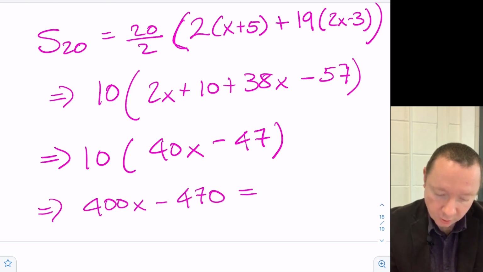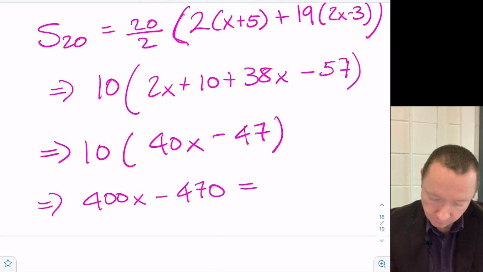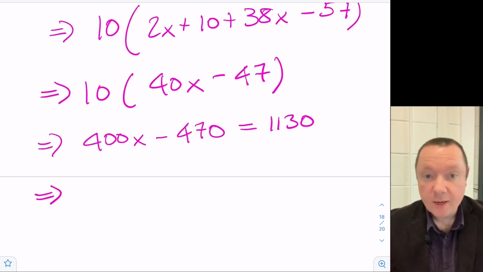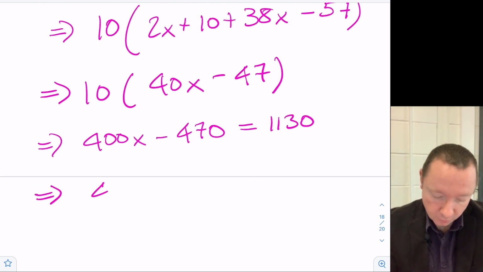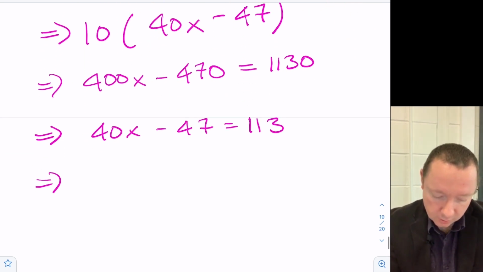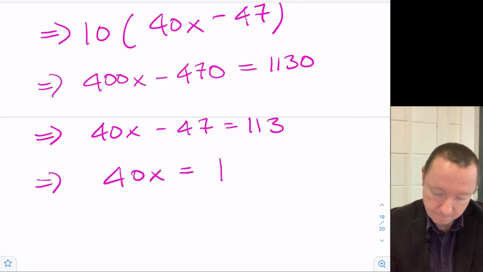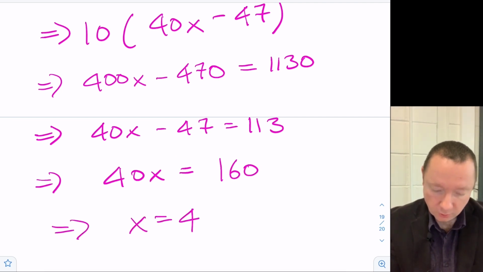And remember that equals 1,130. Should have divided by 10 first, but never mind. So we've got 40x minus 47 is 113. That gives us 40x equals a nice round number of 160, which implies that x must be 4.